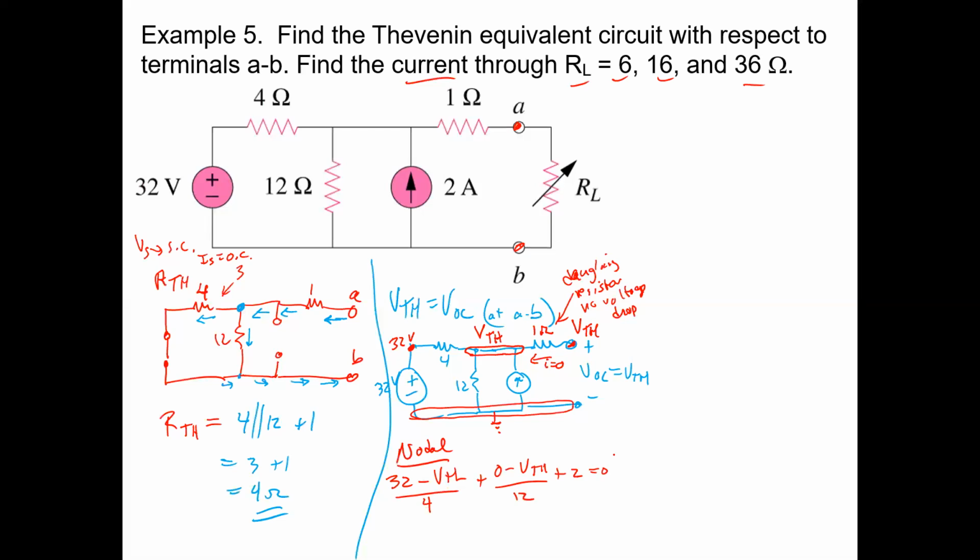You multiply everything by 12, so you'll have 96 minus 3 V7 minus V7 plus 24 equals 0. So that will tell you that V7 is 30 volts. Isaac?